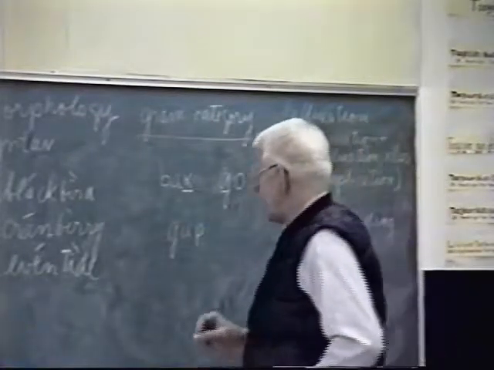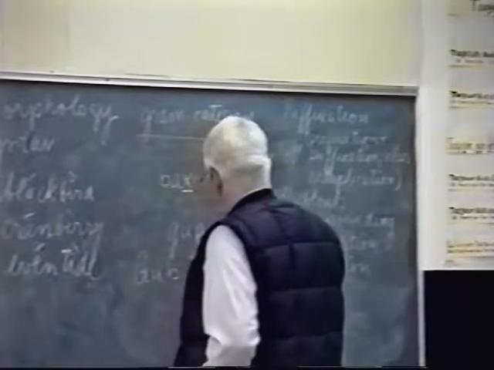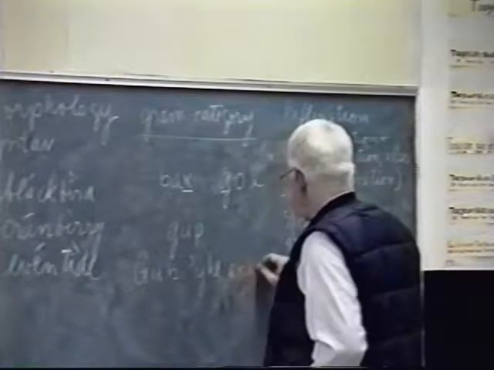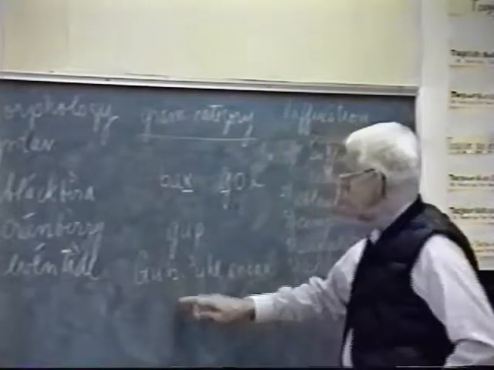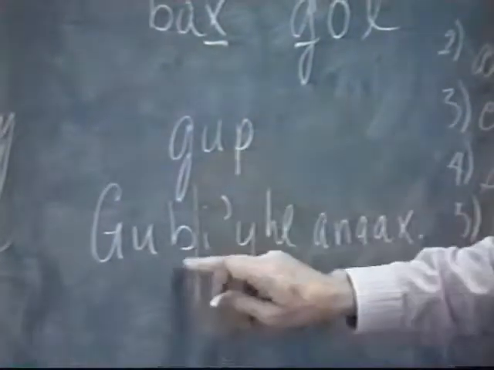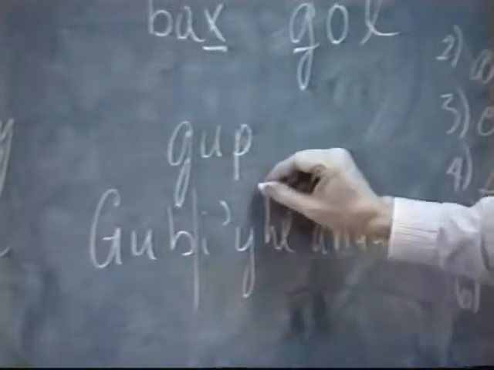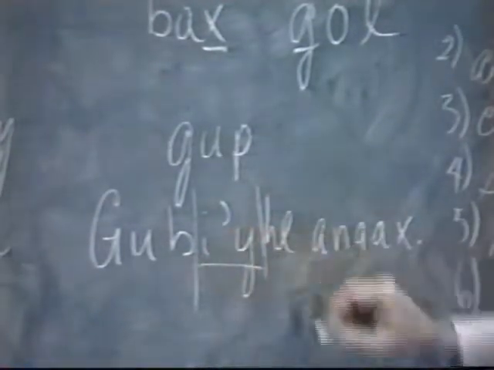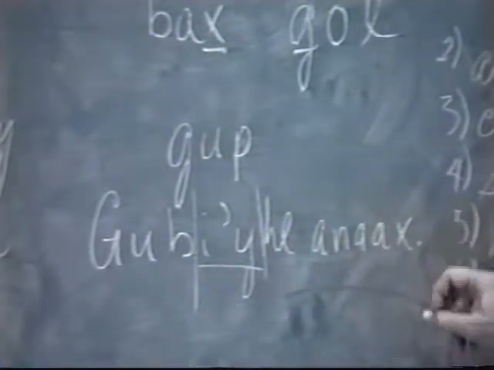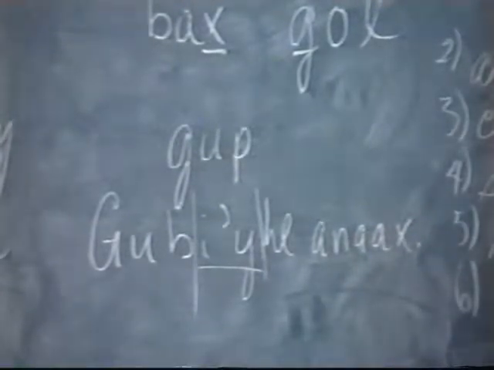I could say, Gubi's anash. Where goop changes, the P changes to a B before this vowel in the part that means the I. We have a sh here because it's a common noun following, and then anash. I ate the bread.